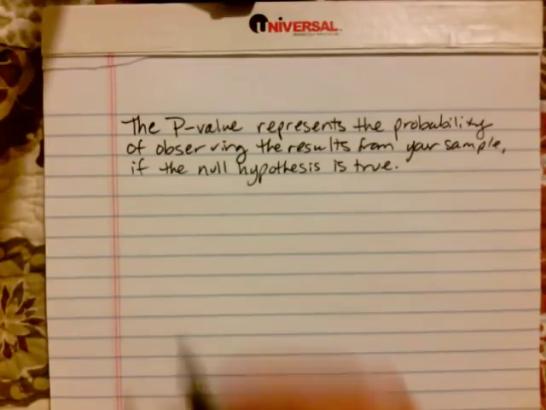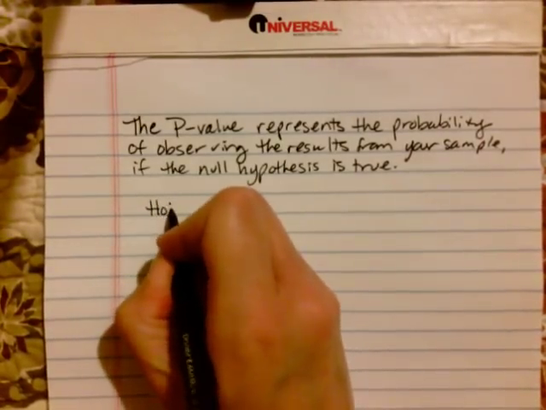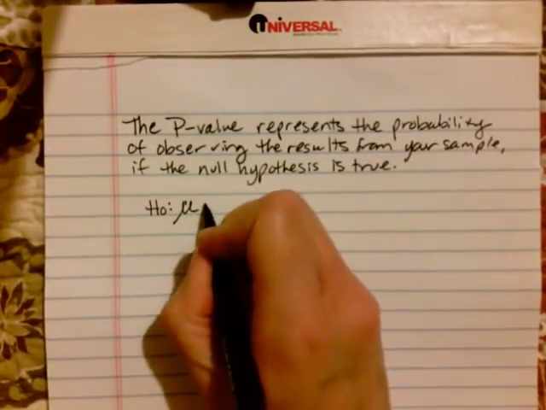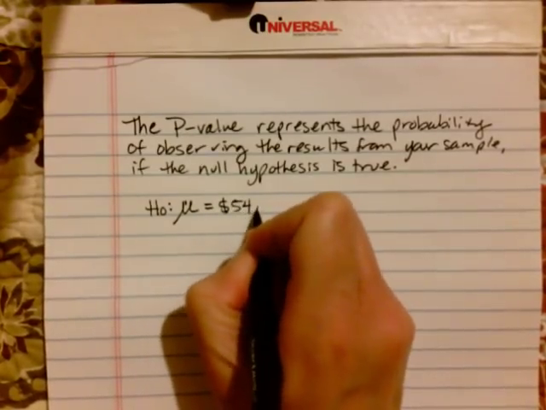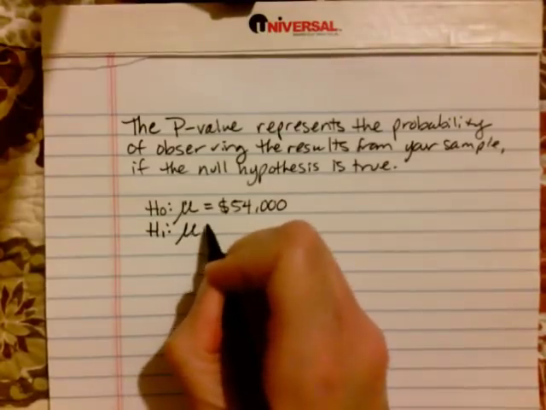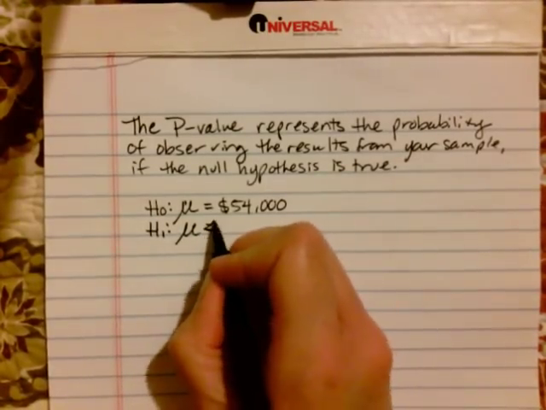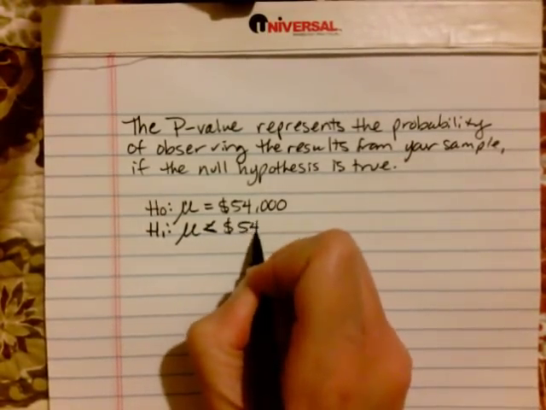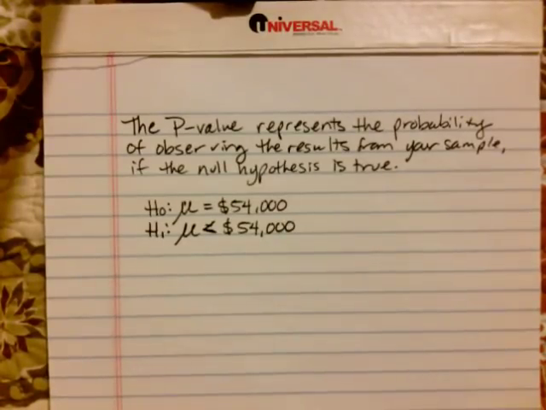So let me give you an example. We've got our null hypothesis that the mean annual household income is $54,000. We have our competing alternate hypothesis that the mean annual household income has dropped below that. Okay.